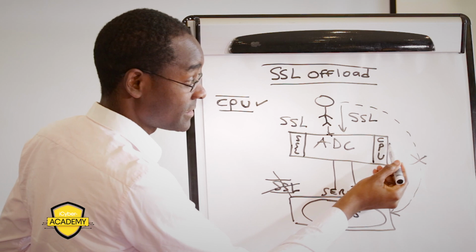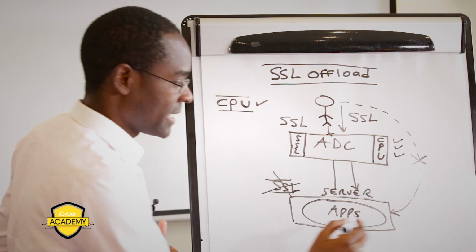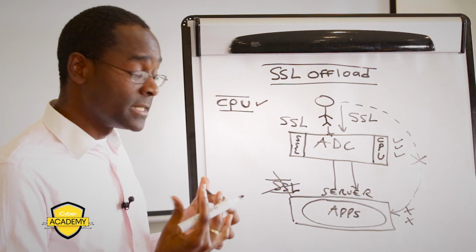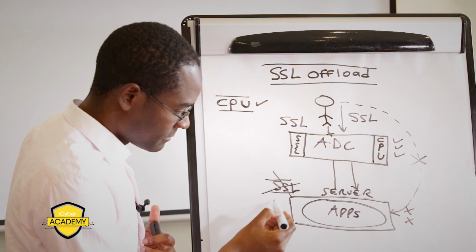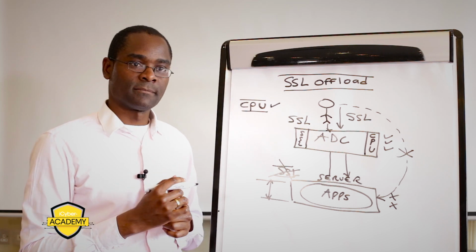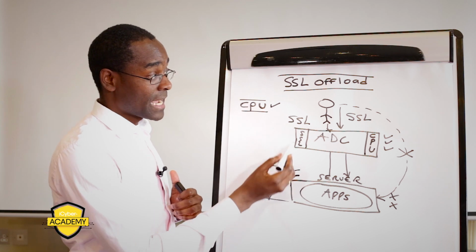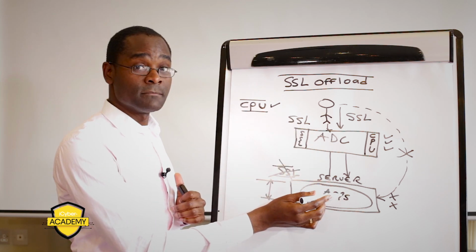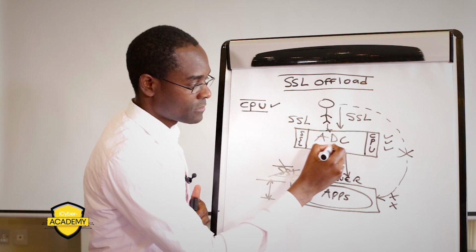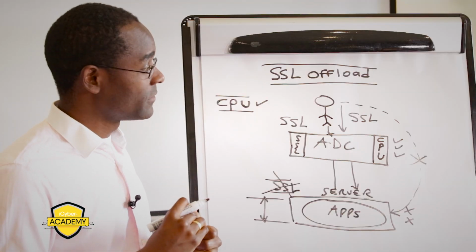So this device is taking all the hard work, where the backend system is doing nothing to do with SSL, which means we have a lot of CPU spared for our application transactions. By doing so, I've done SSL offloading from the backend system to my front-end device, which is usually called my application delivery controller. That's essentially what we mean by SSL offloading.